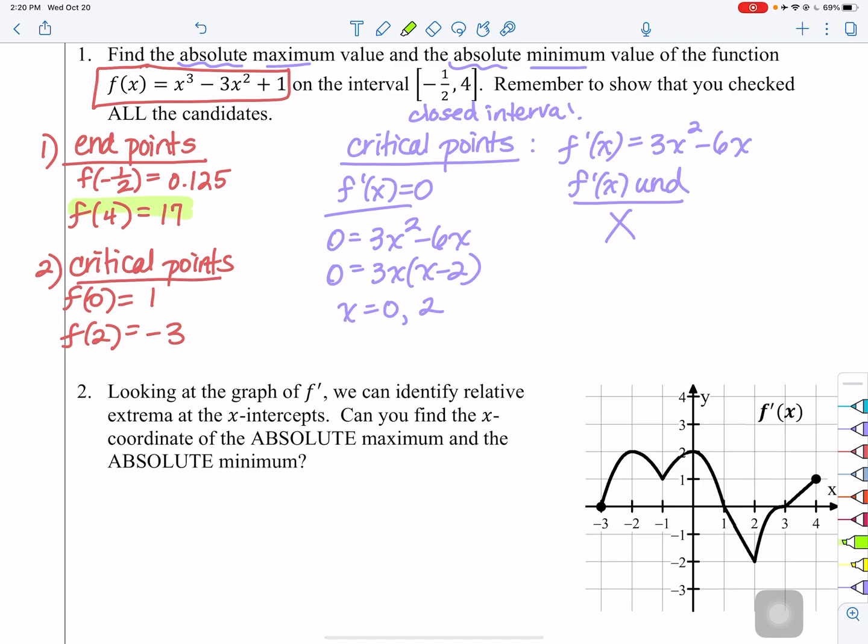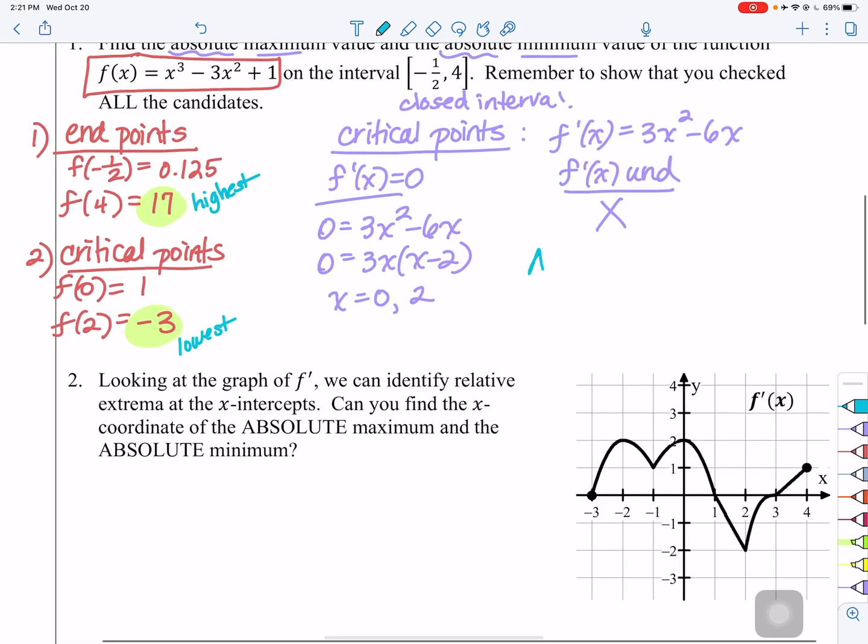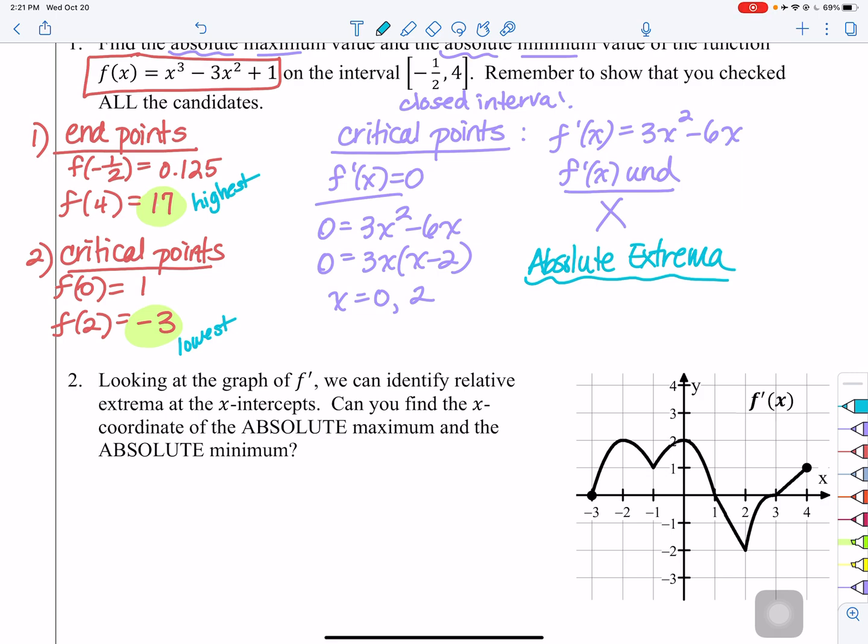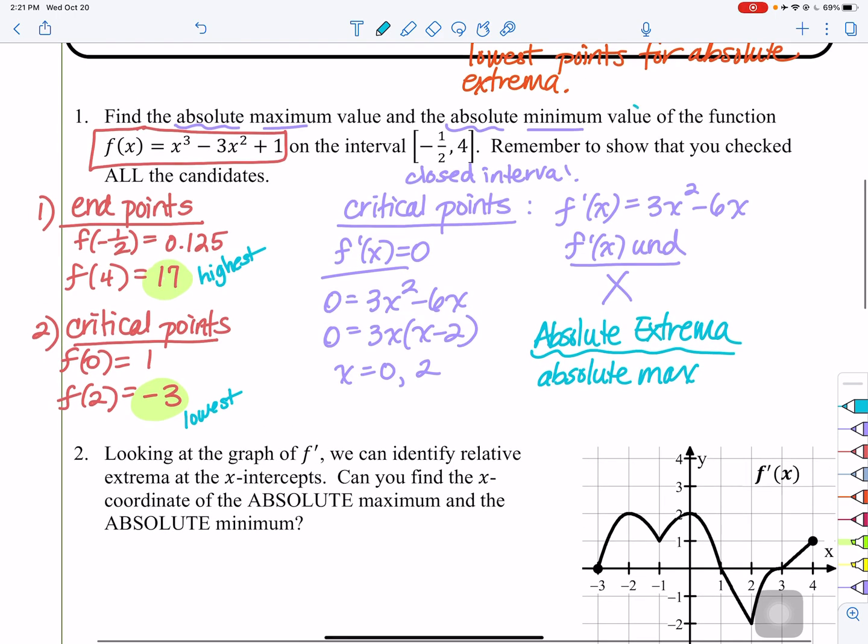So we're going to be comparing these. We're looking for the highest y value and the lowest y value. And with that, we will now write our absolute extrema. We have an absolute max, and in this question, they just wanted the value.